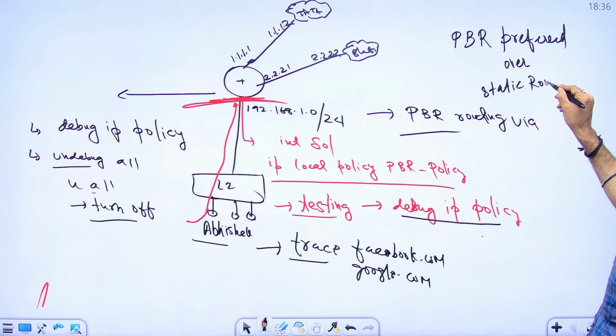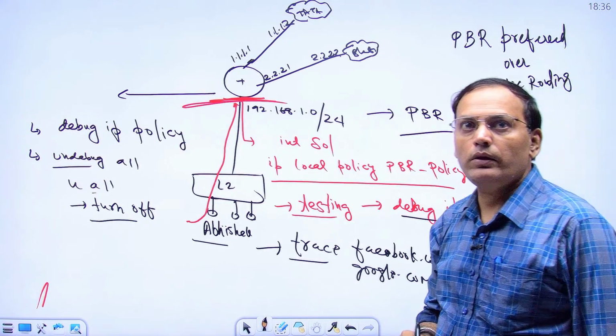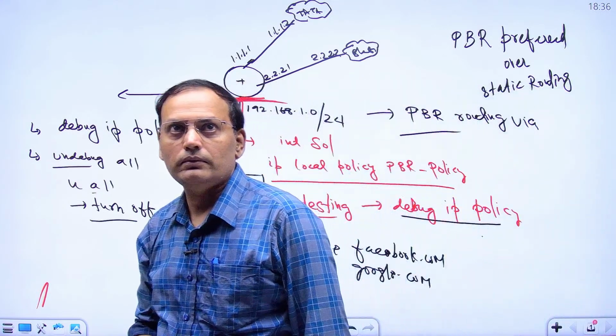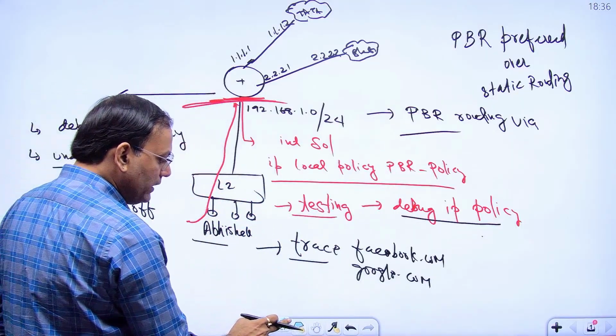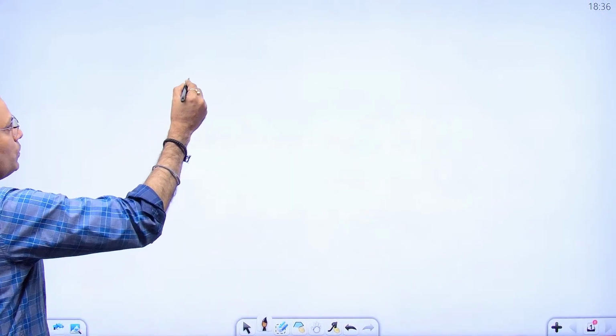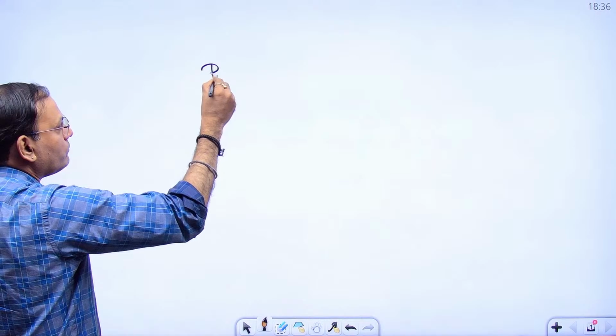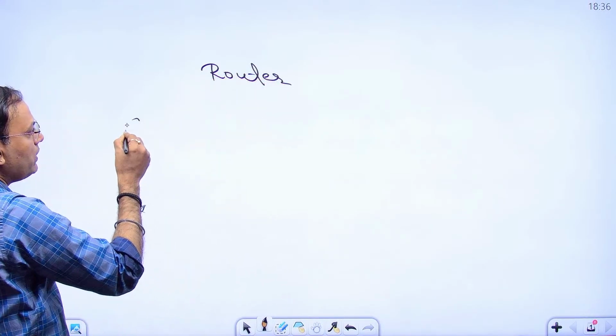Whenever PBR is configured, PBR will override your static routing concept. So whatever you have learned in static routing, let me write it down and tell you what will happen. On your router, there are two default routes.